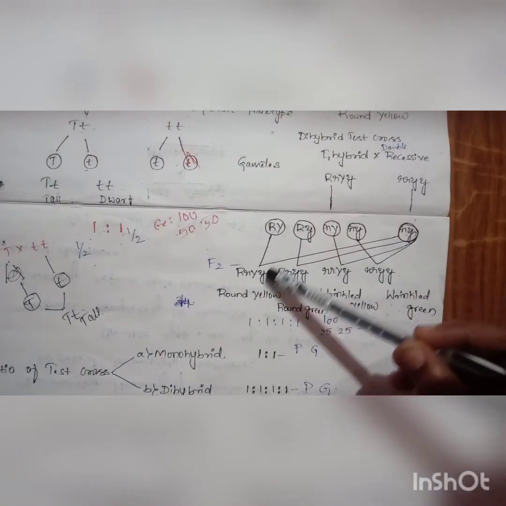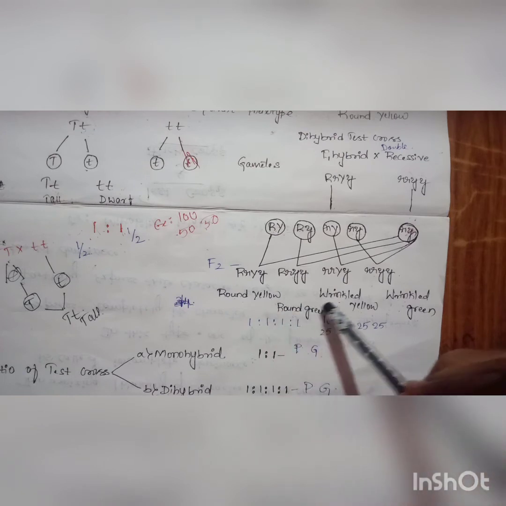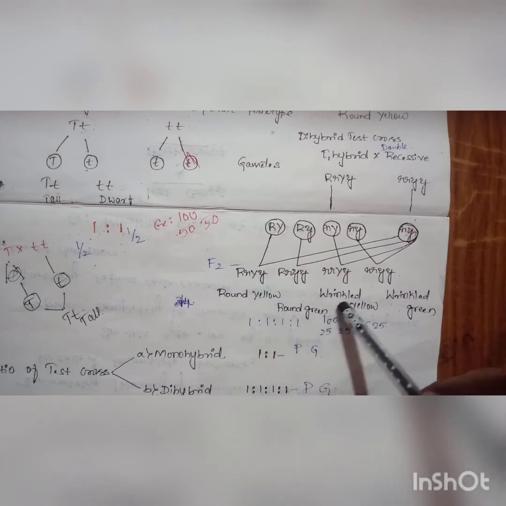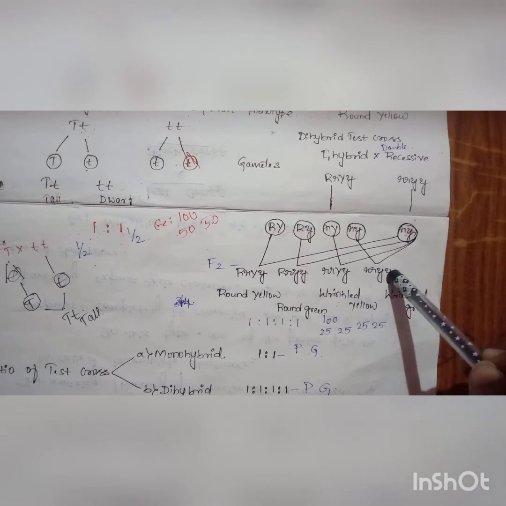On all the possible types of fusions, the F2 generation will be like round yellow, round green, wrinkled yellow, wrinkled green. So different combinations. All are different from one another, both for phenotype and also genotype.